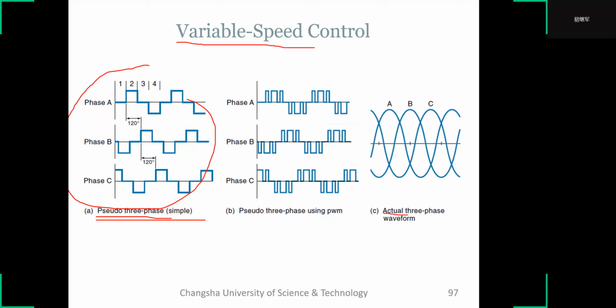This is the actual three-phase wave. This is produced three-phase using PWM, which means every wave is divided through PWM.